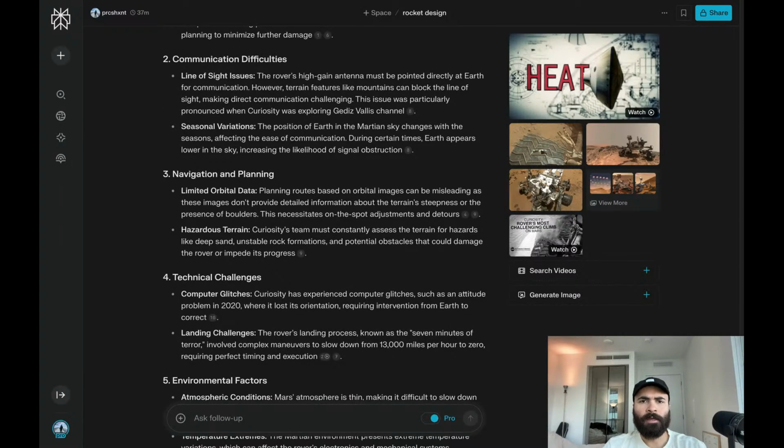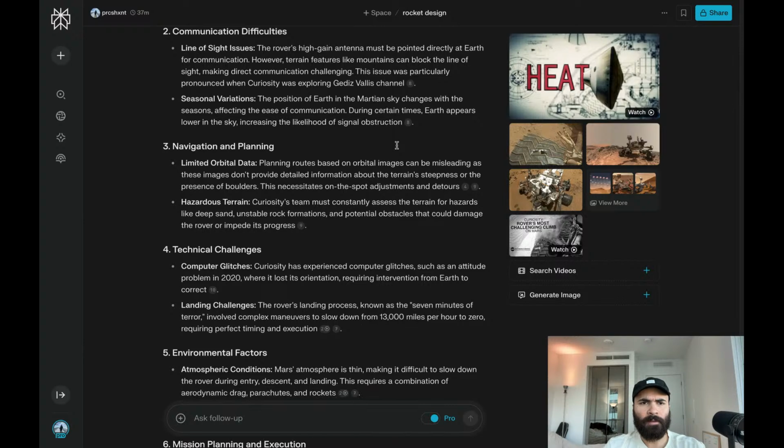The rover's high gain antenna must be pointed directly at Earth for communication. However, terrain features like mountains can block line of sight, making direct communication challenging. This was particularly pronounced when Curiosity was exploring Gediz Vallis Channel. The position of Earth in the Martian sky changes with the seasons, affecting the ease of communication.